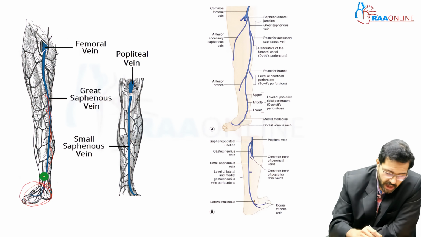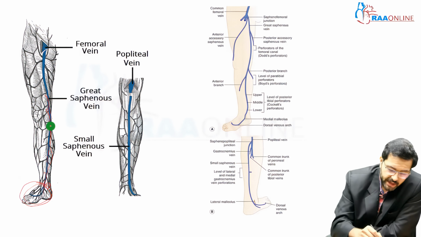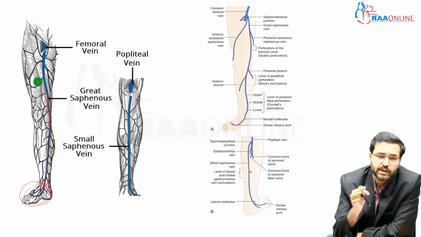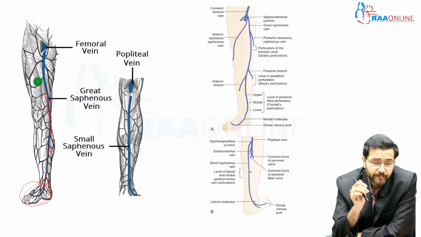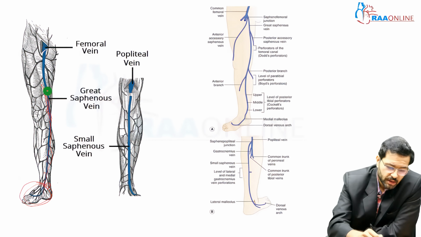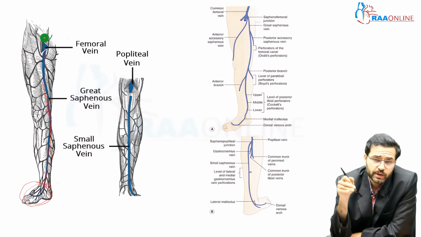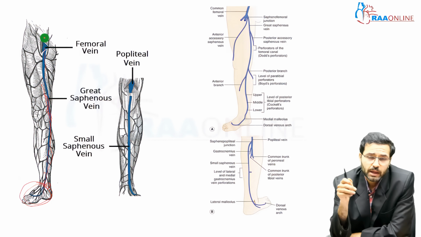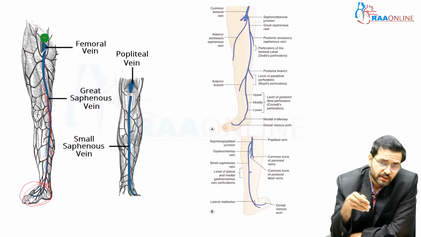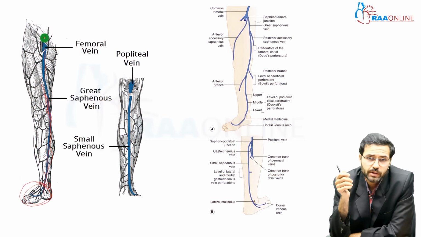It extends on the anteromedial aspect of the leg, goes posteriorly behind the knee joint, then again courses anteriorly onto the anteromedial aspect of the thigh, ascends up, and then drains into the femoral vein by penetrating the deep fascia, or cribriform fascia as it's called.